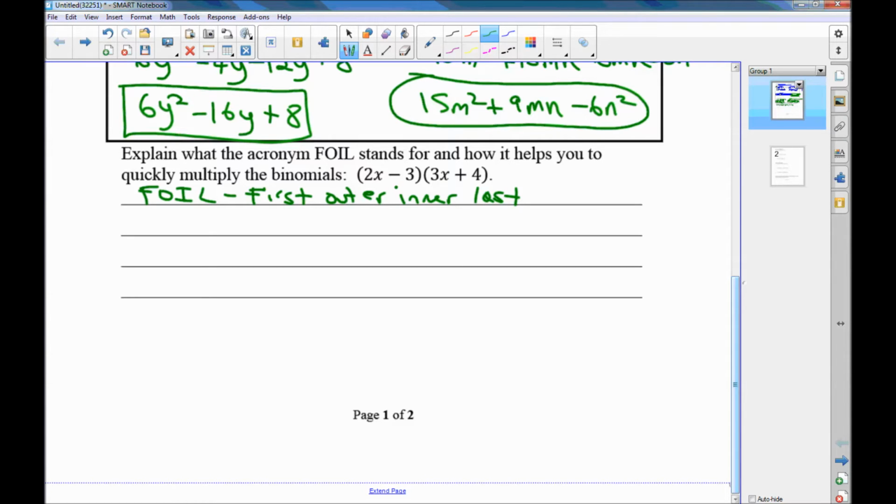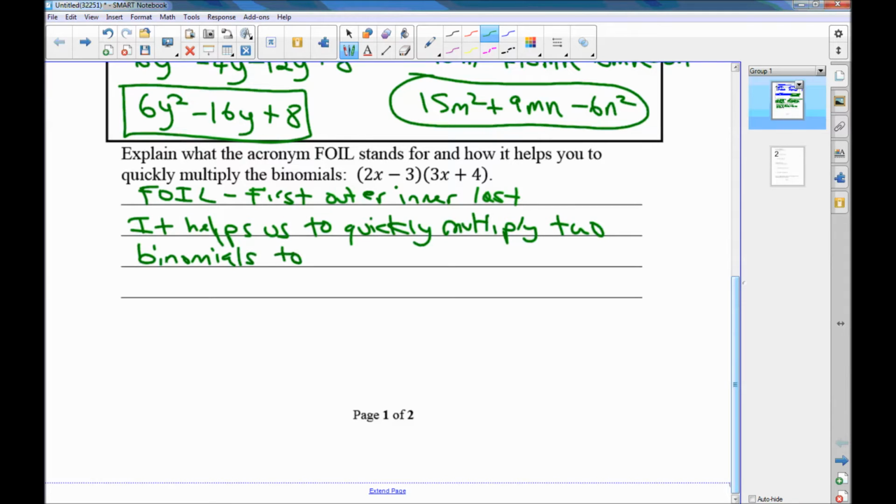The first letter of each one of those spells FOIL, and it helps us to quickly multiply two binomials to get the 4 terms. Okay, and then most of the time we collect the two like terms.